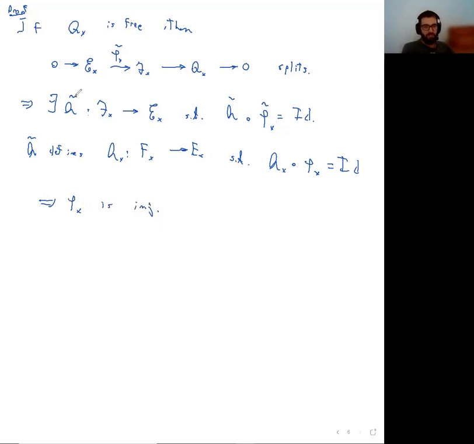Maybe a small observation is that this H tilde is only defined on the stalks. So this h_x that we have here is not, in principle, a morphism of vector bundles. It's only a morphism between the fibers. So for every x, we have an h_x, but we have no idea that this varies continuously or smoothly or holomorphically with respect to x.